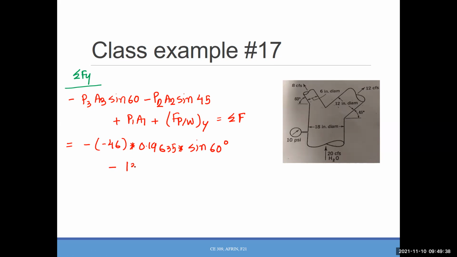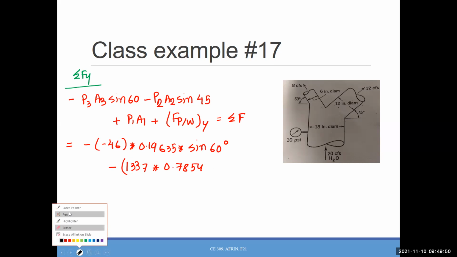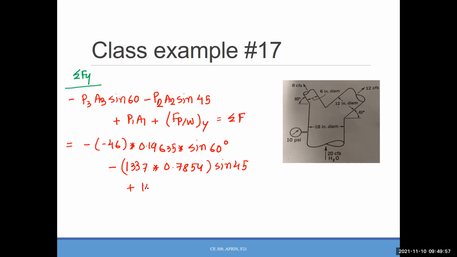P2 is 1337. 0.17854 sine 45. P1 is 14. A1 is 1. Okay, I will just complete this line and I will stop at that point. 7.2.